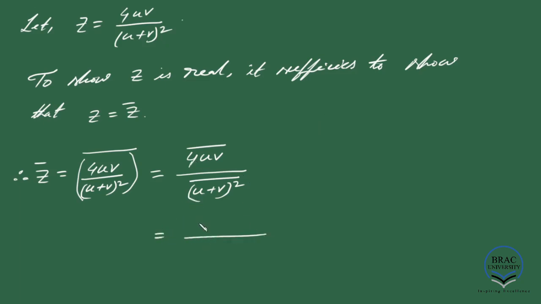The conjugate of this constant term produces the same constant term, and the conjugate of u and v we can write as the conjugate of u times the conjugate of v. Similarly, we can write the conjugate of u plus the conjugate of v whole squared.